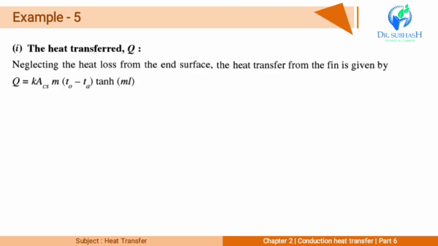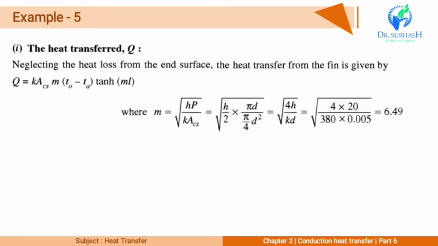We know the equation of heat transfer, neglecting the heat loss from the end surface. The heat transfer from the fin is given by Q equal to K into A into m, multiplied by T0 minus Ta, into tanh(m into L). Calculate the value of m, under root of Hp by KA.